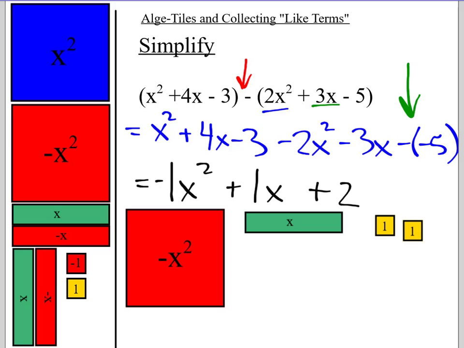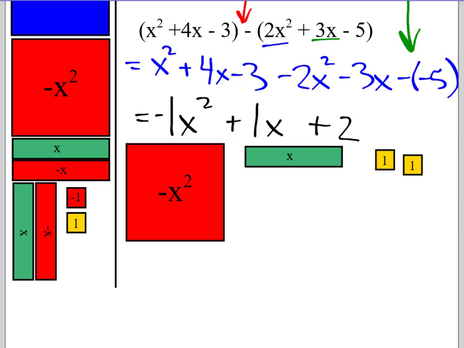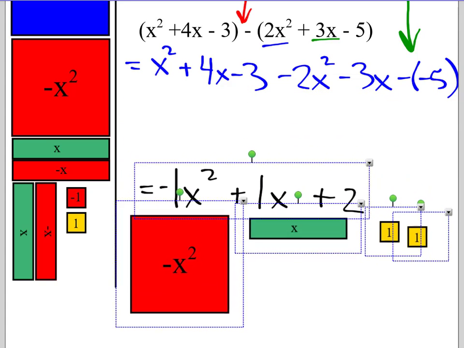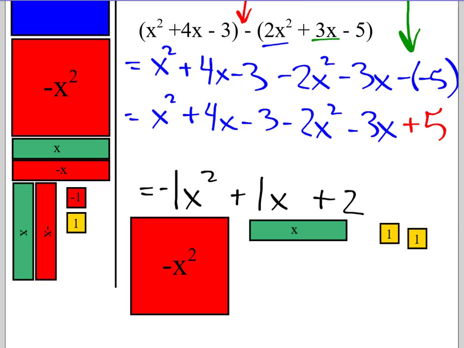We have spent some time talking about subtracting negatives. Okay, so I'm just going to move all of this down so we can see it a little easier. There's the x squared, there's the 4x, there's the minus 3, minus 2x squared, minus 3x, and here's the one I'm going to put in red because it's the dangerous one. If you subtract a negative 5, that's the same as adding 5.